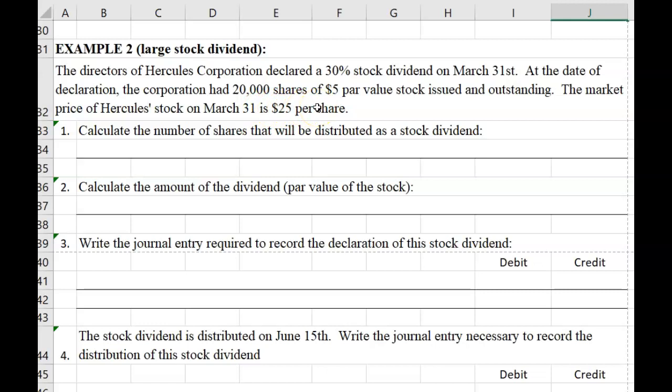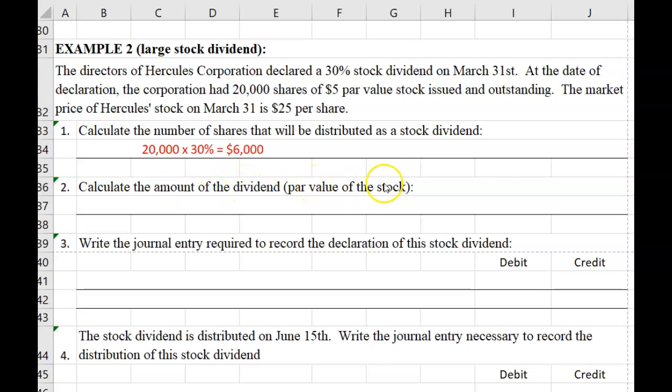First, we need to remember that a large stock dividend is not based on the market value, it's based on the par value of the stock. So let's calculate the number of shares that will be issued as a stock dividend. Step 2, calculate the amount of the dividend.